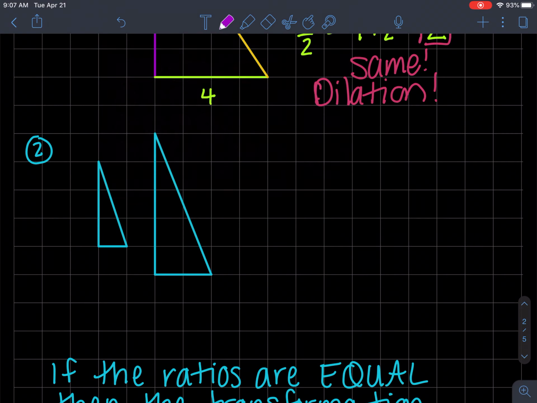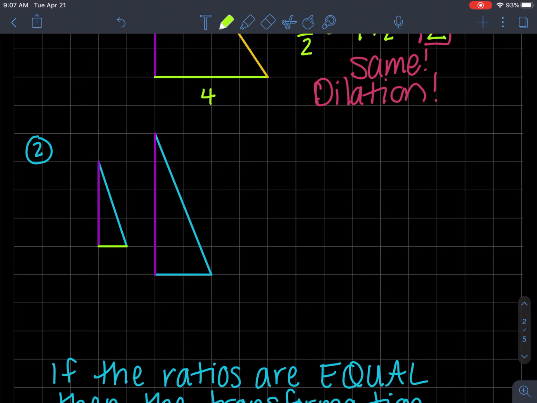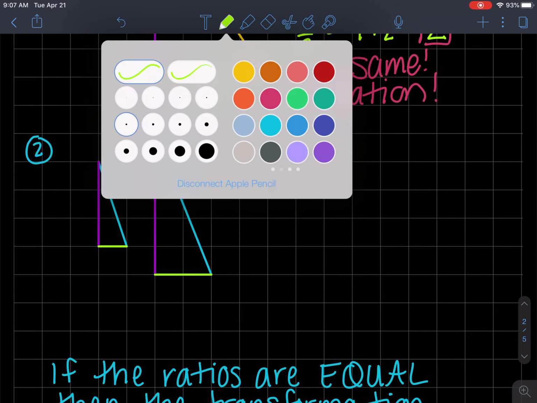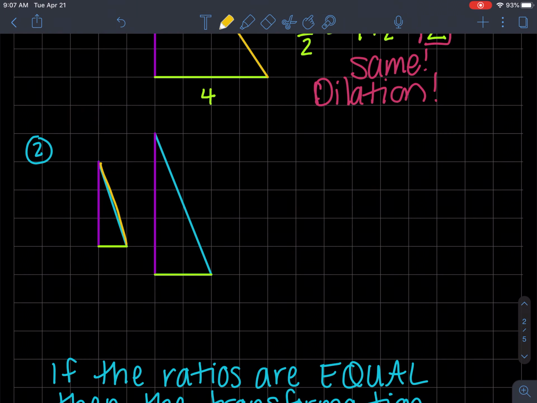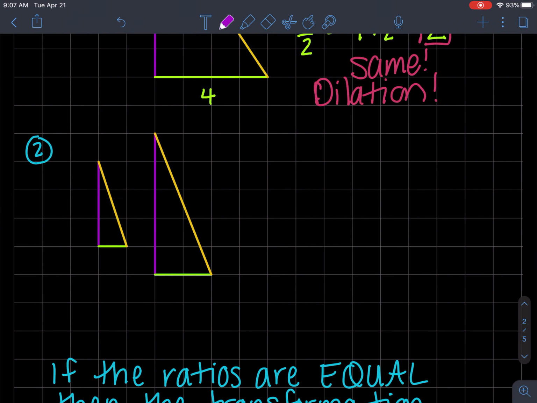Okay, so again, same thing. We need to identify which sides are which. For some of you, you're like, yeah, I got it. But it never hurts to have a lot of practice of the same thing over and over again to help us really get it. All right, so we have identified the corresponding sides. Now we are going to make our ratios where we have our second shape. Oh, we need to figure out the lengths.